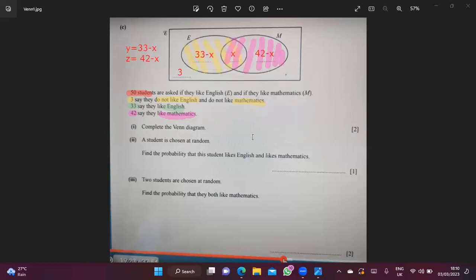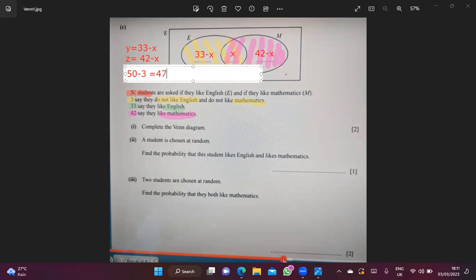There you go. Right, how many total students do we have? I have 50 students. How many outside E and M? 3. Okay, so the region of E union M is actually only 50 minus 3. So 50 students minus 3 students equals 47.